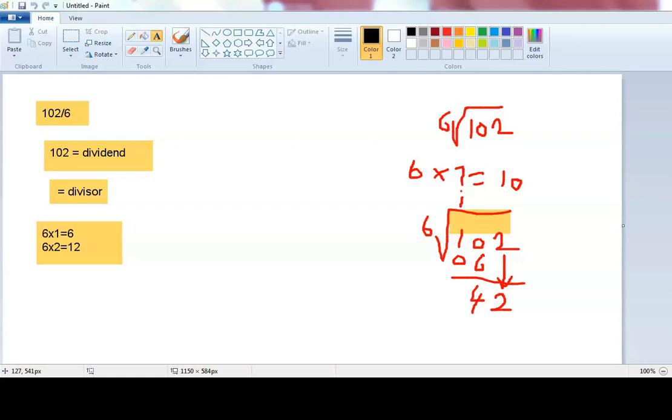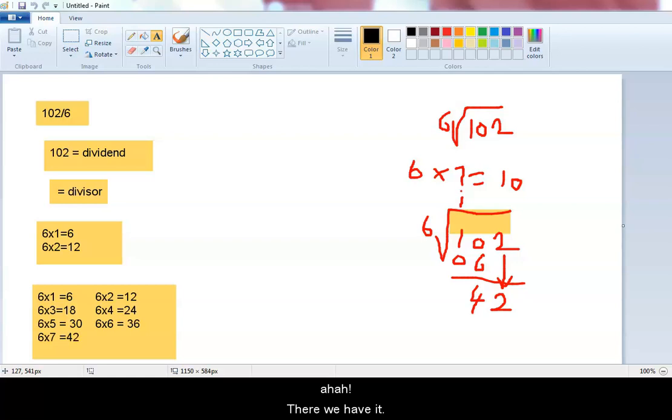Let's check that out again. 6 multiplied by 1 equals 6. 6 multiplied by 2 equals 12. 6 multiplied by 3 equals 18. 6 multiplied by 4 gives 24. 6 multiplied by 5 gives 30. 6 by 6 is 36. 6 by 7, 42.